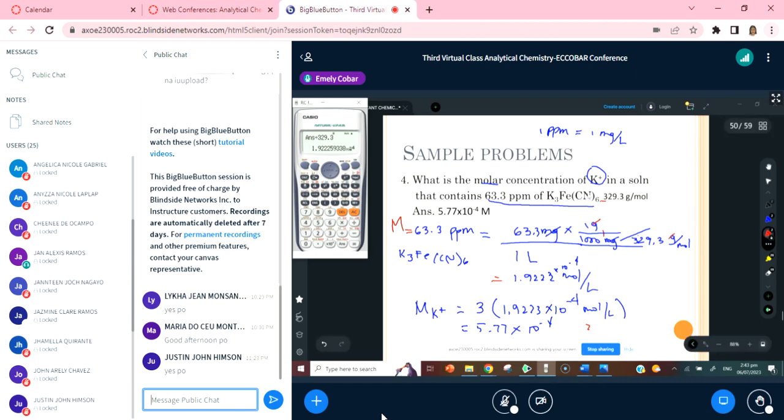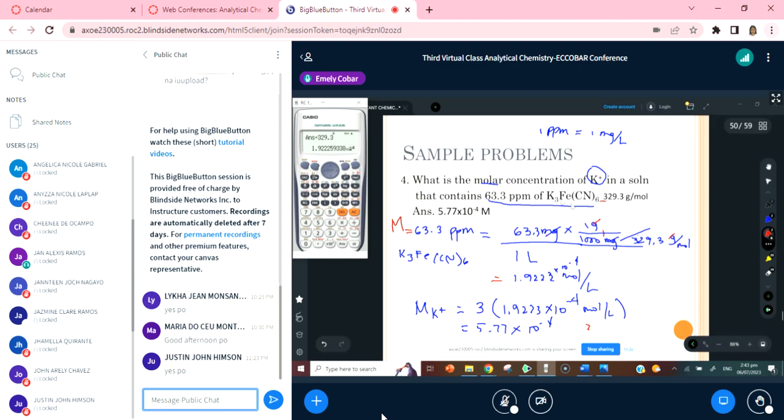Express the concentration of this solution in terms of potassium ions. Kasi yung 1.92 blah blah blah is for the whole potassium ferrocyanide. Eh ang gusto ko is yung concentration lang ng potassium dito sa solution na to.